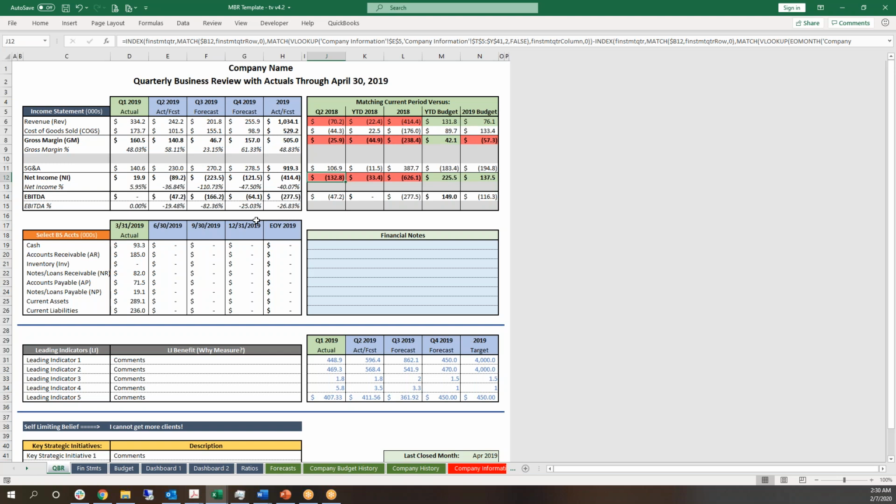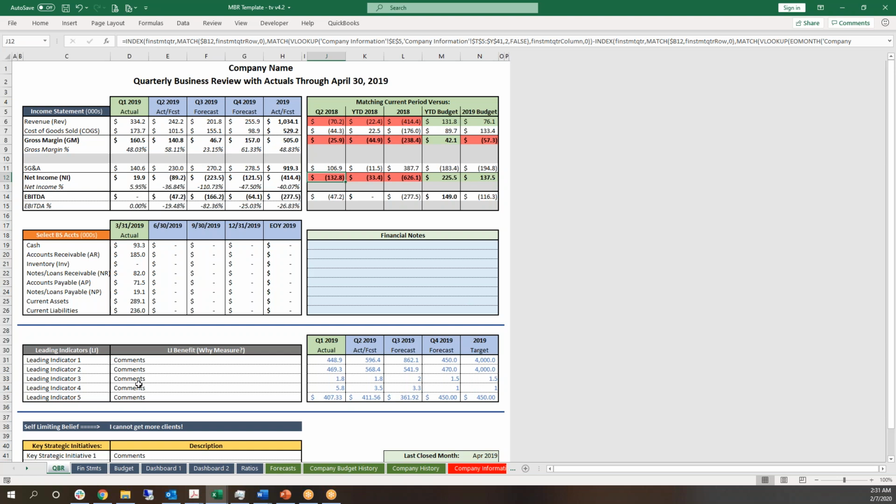For any month or period that has not yet been closed, the forecasted numbers are used in this analysis. The second row of charts contains the balance sheet, which will only report the actuals for a closed quarter. There is also a section for the accounting team to enter financial notes, which can be useful to highlight any discrepancies or trends in the numbers.